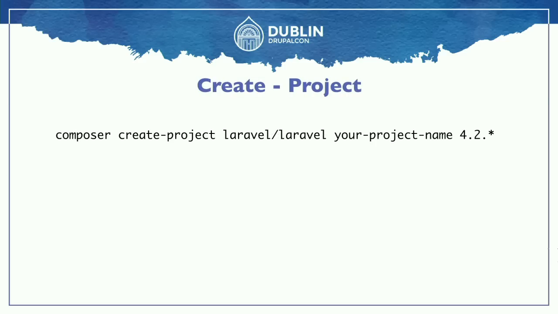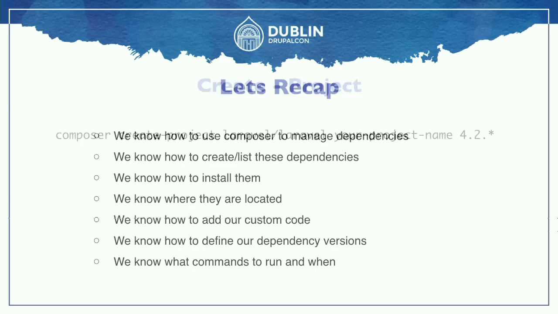So say if we want to install Laravel, we can just write composer create-project laravel, specifying your project name and the version of Laravel we want. That's going to check out the repository that contains Laravel's composer.json file, specifying its dependencies, and then run composer install. So it's a handy little tool for quickly creating projects.